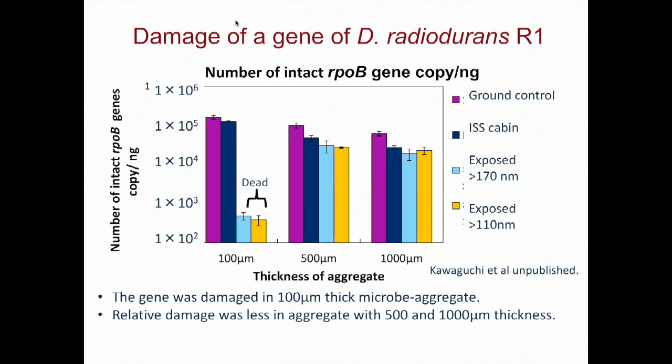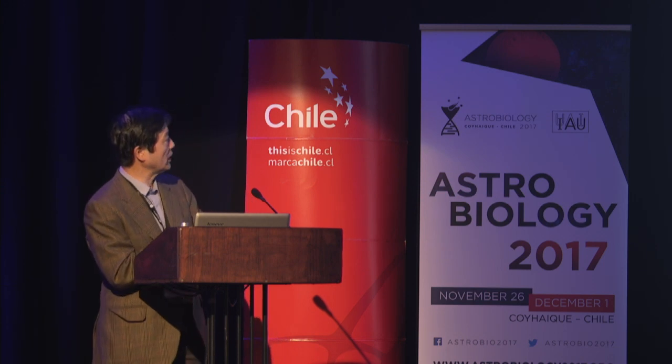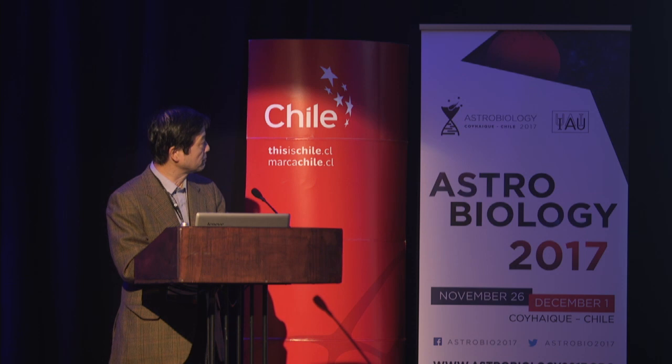And that's why we have dead microbes after 1 year of exposure. But interestingly, even when exposed at thicknesses more than 100 micrometers, we have only a small lowering of the intact DNA copy. And that is reasonable because they have similar survival activity of the microbes.